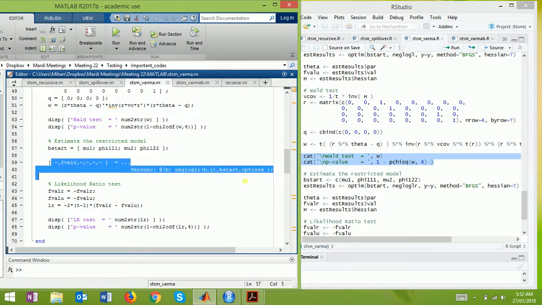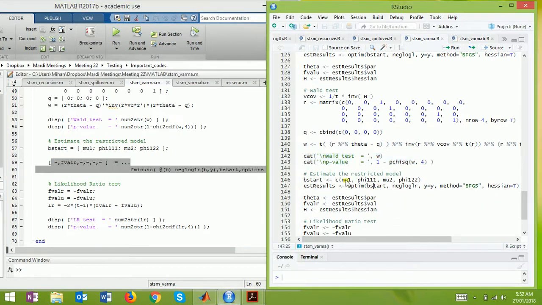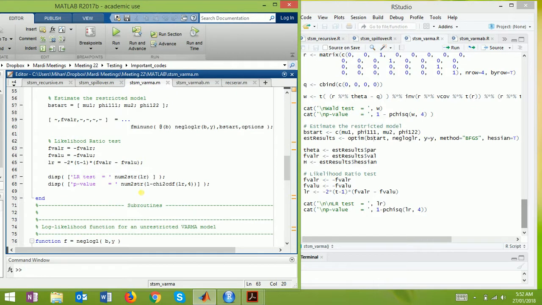And then we optimize it, same thing. And then the likelihood ratio test. As I said, we do the likelihood ratio test, which is the difference 2 times the difference.